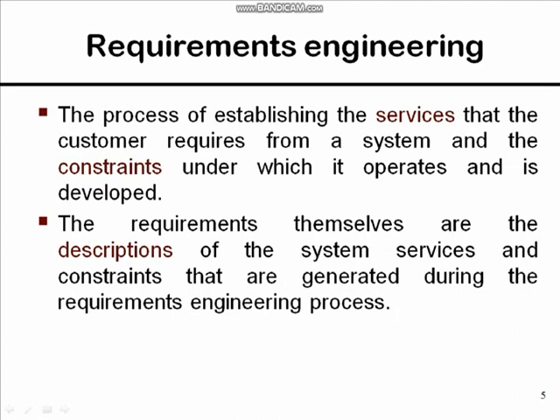Requirement engineering is the process of establishing the services that the customer requires from the system and the constraints under which it operates. The requirements themselves are the descriptions of the system, which are generated during the requirement engineering process.